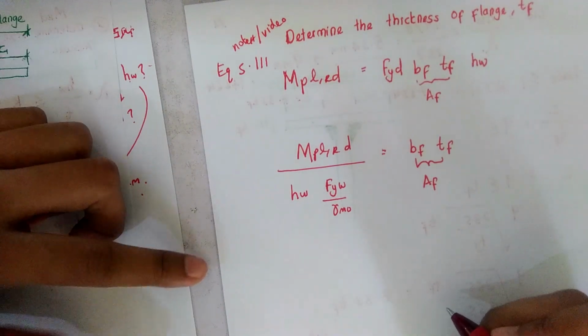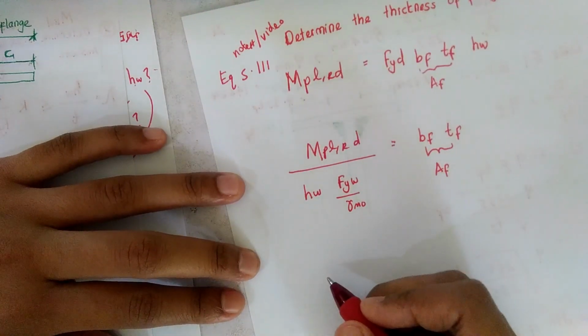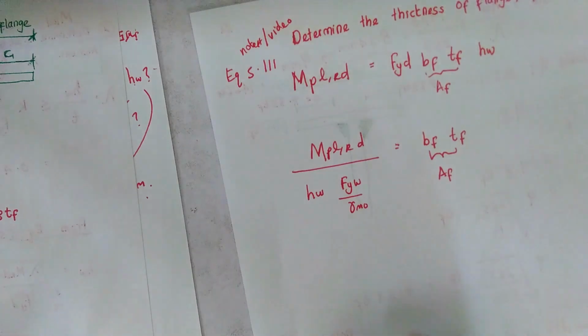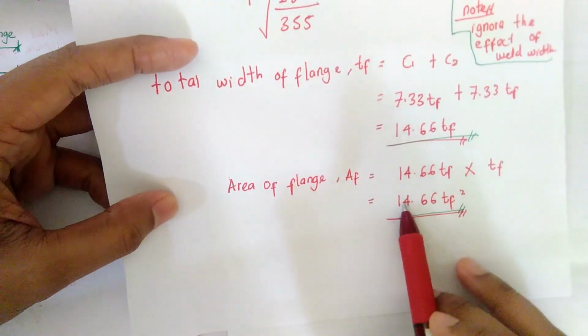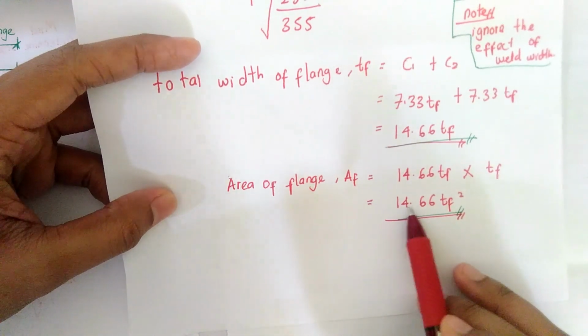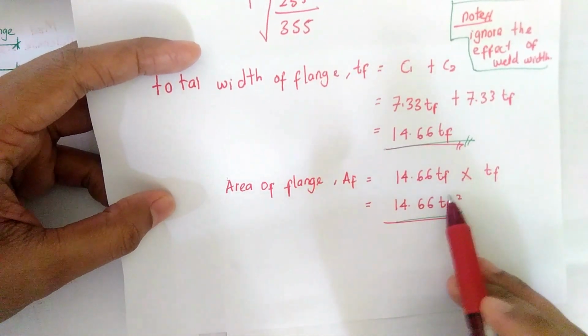Okay, so from that equation, now we know that earlier we already calculated the area of flange is equivalent to 14.66 t_f squared.